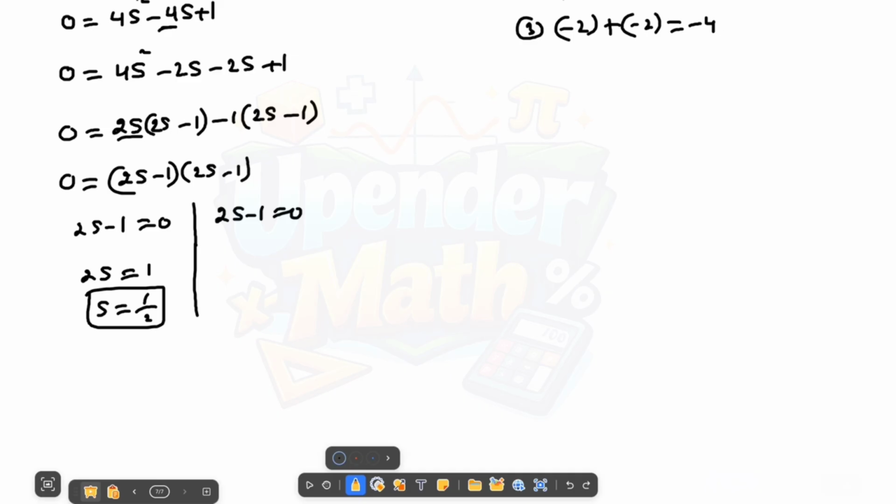The same number we will get here. 2s is equals to 1 and s is equals to 1 by 2. So let first zero alpha is 1 by 2, second zero beta is 1 by 2. Here we got two equal zeros.